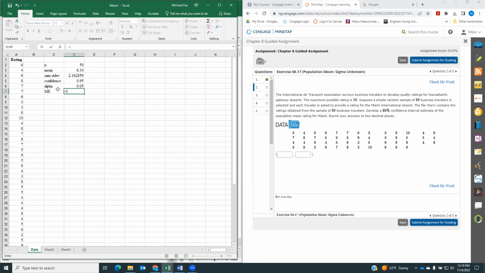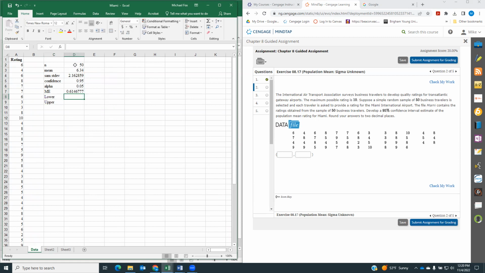So to find the margin of error, I'll do confidence dot t. And again, we'll put in our alpha, comma, our sample standard deviation, comma, and size, where size is our sample size. That gives me the margin of error. And then I can figure out the lower end of my interval and the upper end.